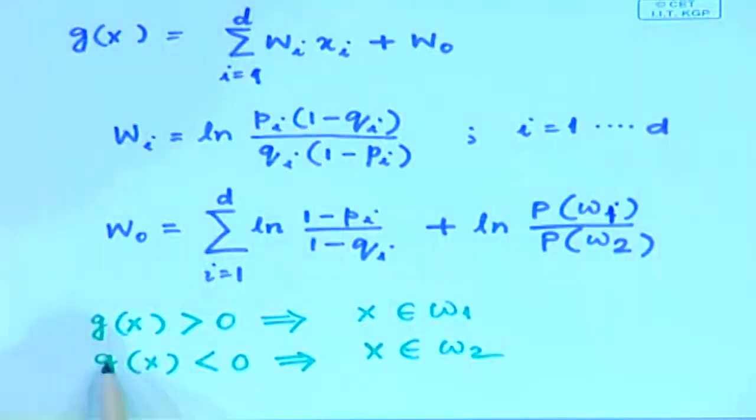Now, if it has a value equal to 1, then the contribution of the term Wi into xi to this function g of x is nothing but equal to the magnitude of Wi, because xi is equal to 1.